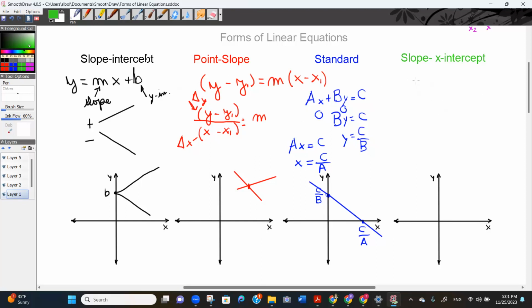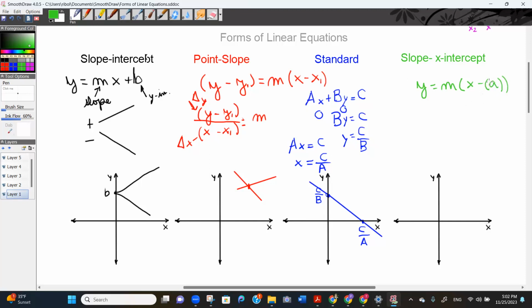In this form, we have y equals m times (x minus a), with a lowercase a.